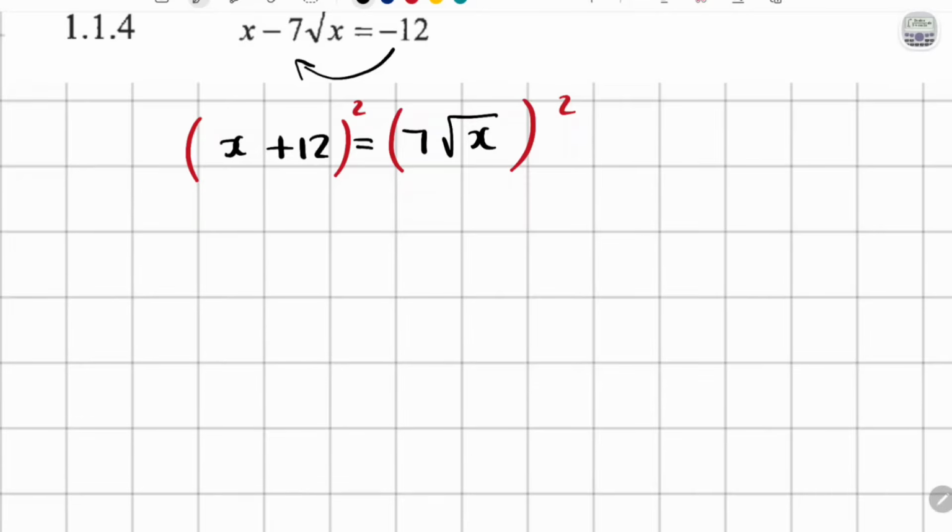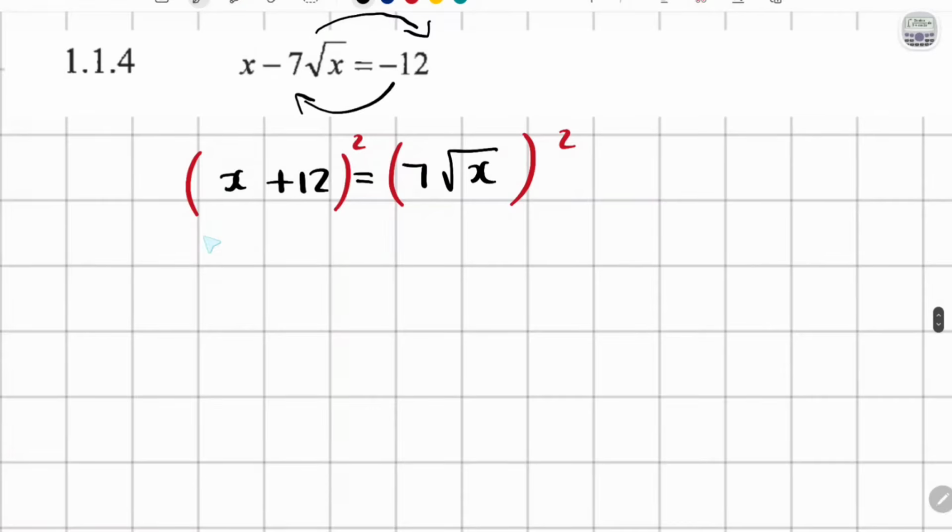So I work with a quicker method where I take the first term and square it, that's x squared. Then the first term times the second term, which is 12x, multiplied by 2, which is +24x. And then to get the last term, you just square the last term, which is +144. So that's how we expand that.